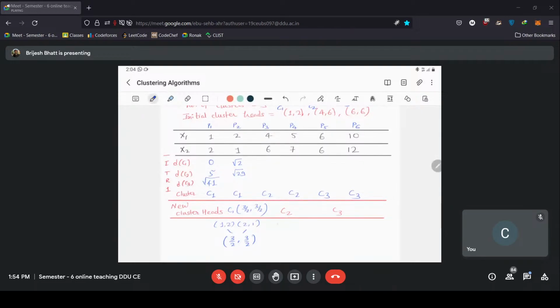The data points in C2 are (4, 6) and (5, 7). So the mean will be 9 by 2, 13 by 2.